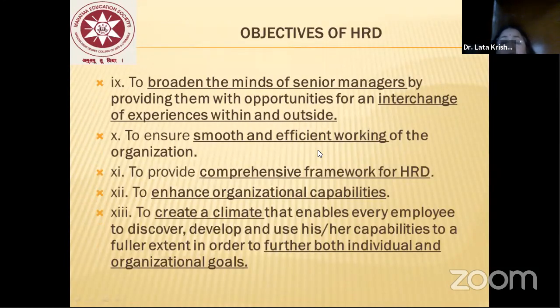To enhance organizational capabilities: if the human resources develop, the organization's capabilities of taking new challenges and making more profit will be possible. To create a climate that enables every employee to discover, develop, and use his or her capabilities to the fullest extent, and further both individual and organizational goals.